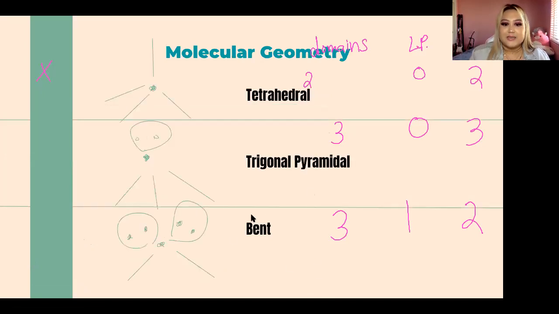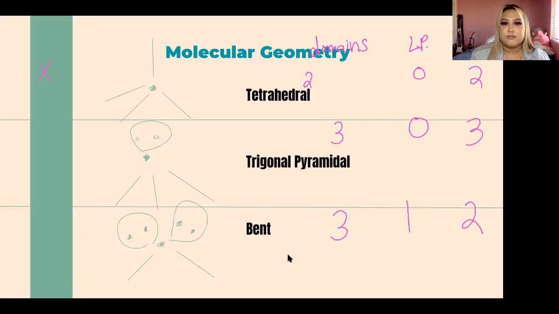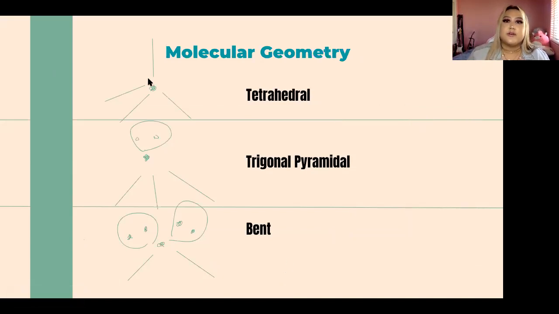Nope. Okay. Let me go ahead and do this second one. Clear this. Okay, so it's not any of the first slide, so it has to be on this one, right? So domains, we'll just put D, LP, and then bonded pairs.